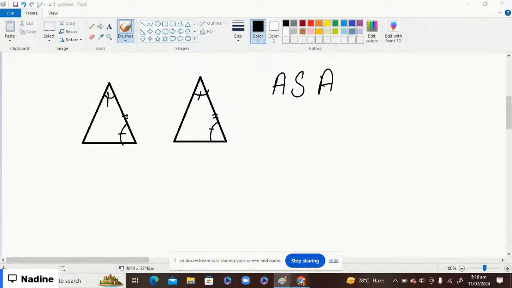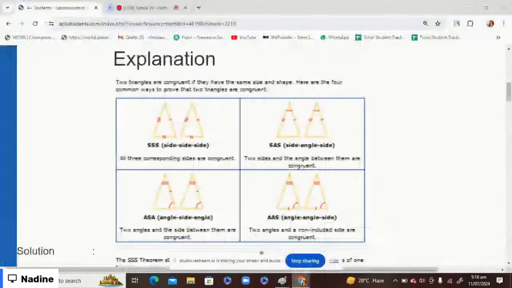Now for the fourth statement, they are saying AAS. What does it show? It shows two angles and one side. First of all, you compare the two angles, and then the one side.